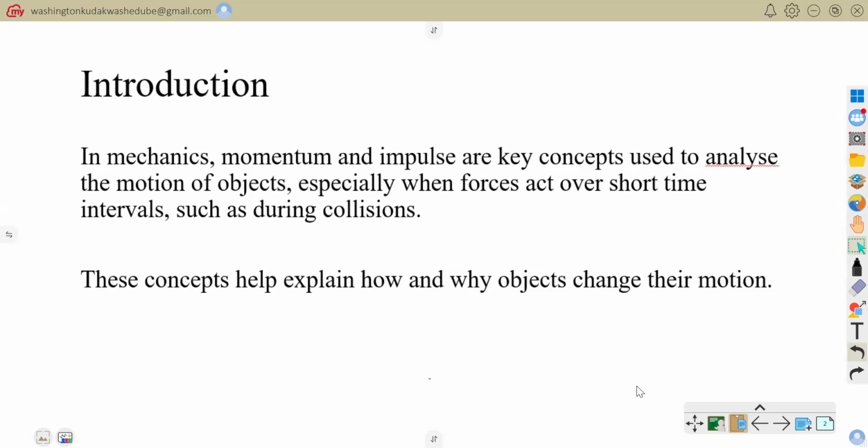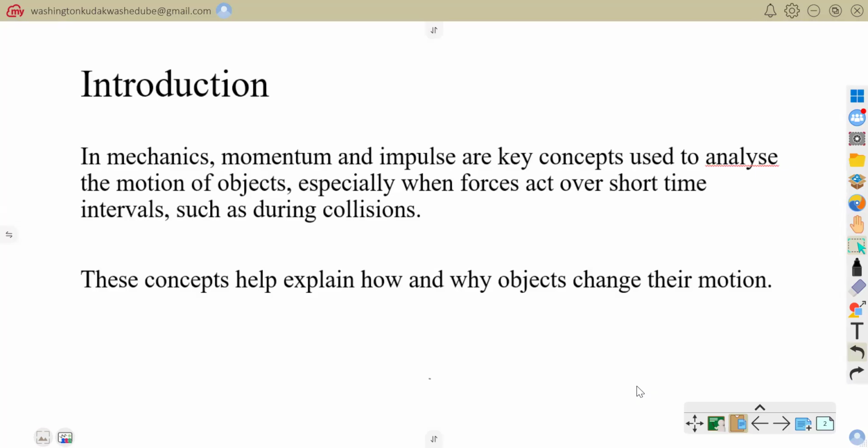So you would see that in the field of mechanics, momentum and impulse are the key concepts that are used to analyze the motion of objects, especially when forces act over short time intervals, such as during collisions.